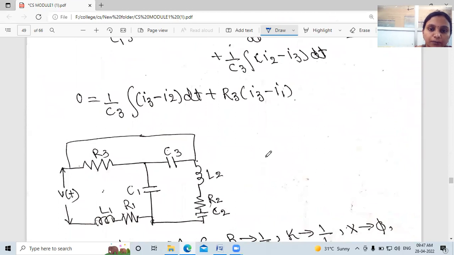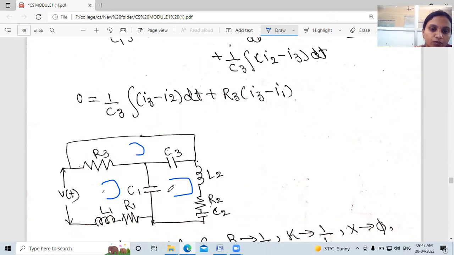Then after replacing, similar to what we have drawn for the mechanical system, you need to draw. There are three loops. So this is I1, this is I2, and this is I3.